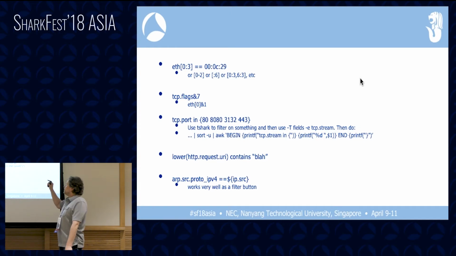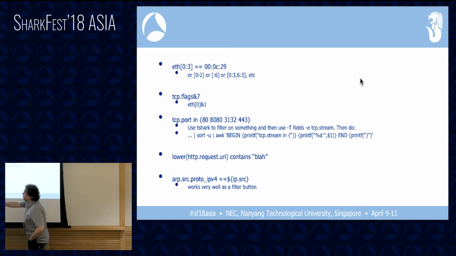So if I make a display filter button like tcp.stream equals dollar, open curly brace, tcp.stream, closing curly brace, that means if you press the button, you will get the TCP stream that you're on at the moment. You go back, select another packet, click the button, and you get that TCP stream. So it's mainly useful in display filter buttons, but very useful because you can select something that's in there.